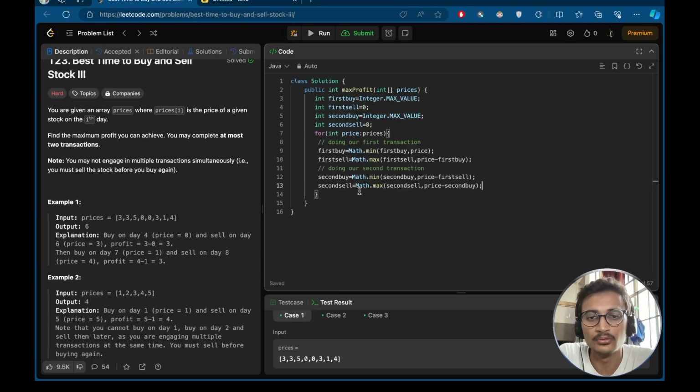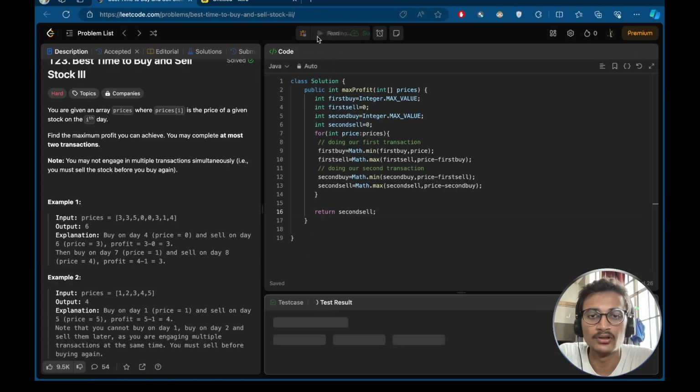This will give us the max profit in our first traversal. After that we will traverse our whole array, and we will be able to find the maximum profit that we have got by selling and buying on each day. Now in the end we have to return the profit that we got, which will be second sell.